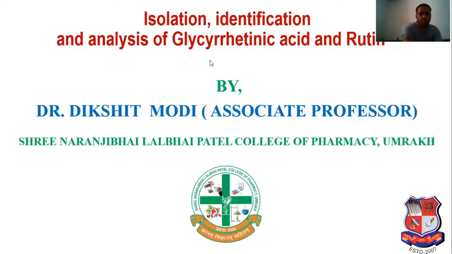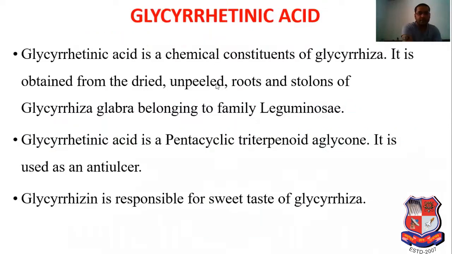What is glycyrrhetinic acid? Glycyrrhetinic acid is a chemical constituent derived from Glycyrrhiza glabra. The biological source is the dried, unpeeled roots and stolons of Glycyrrhiza glabra, belonging to the family Leguminosae. Glycyrrhetinic acid itself is a pentacyclic triterpenoid aglycone.